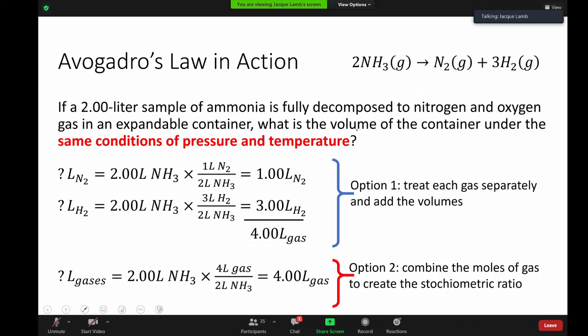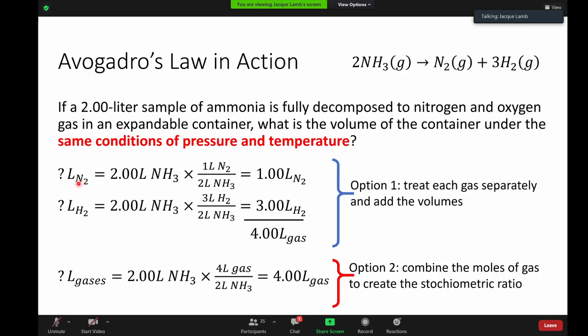If we have a 2-liter sample of ammonia and we can decompose it fully to nitrogen and hydrogen in an expandable container, what is the volume of the container under the same conditions of pressure and temperature? There are 2 ways to do that.